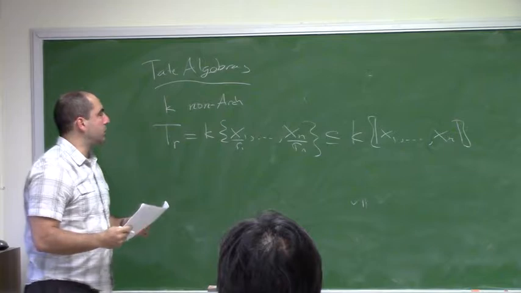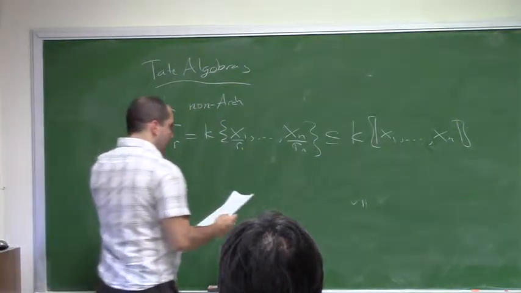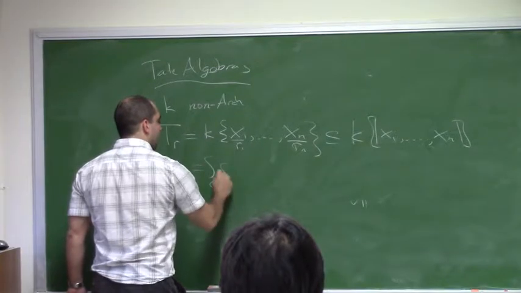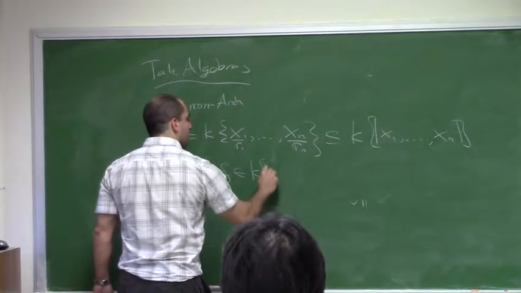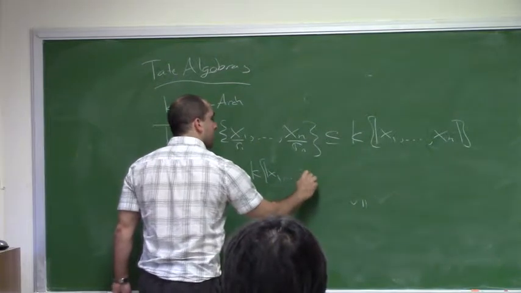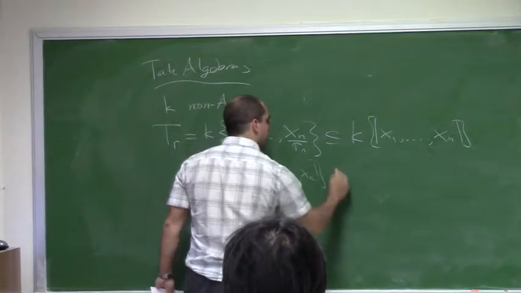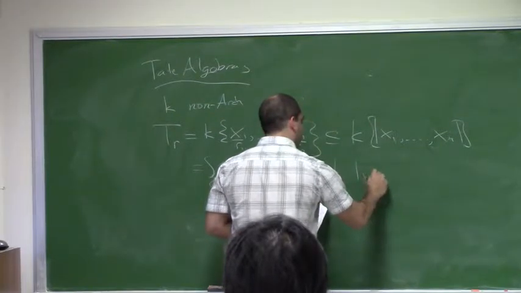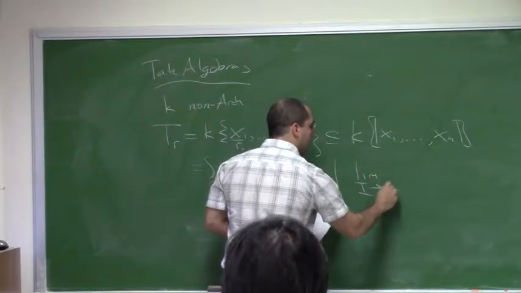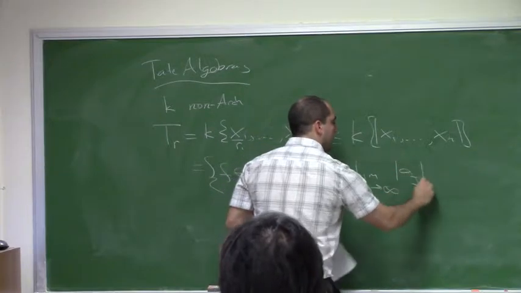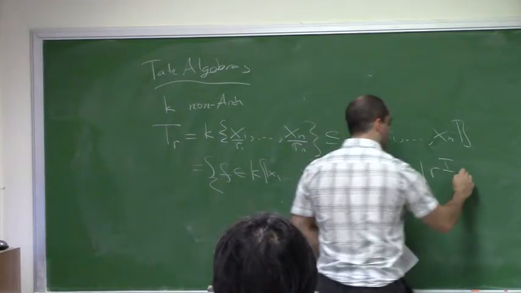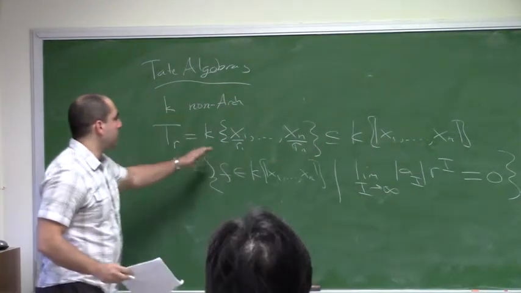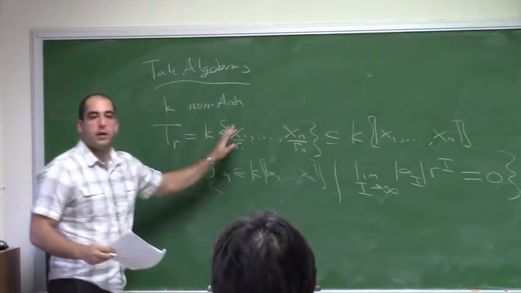These are subalgebras of the formal power series, and they're defined by a convergence condition, where these R's here are just radii.